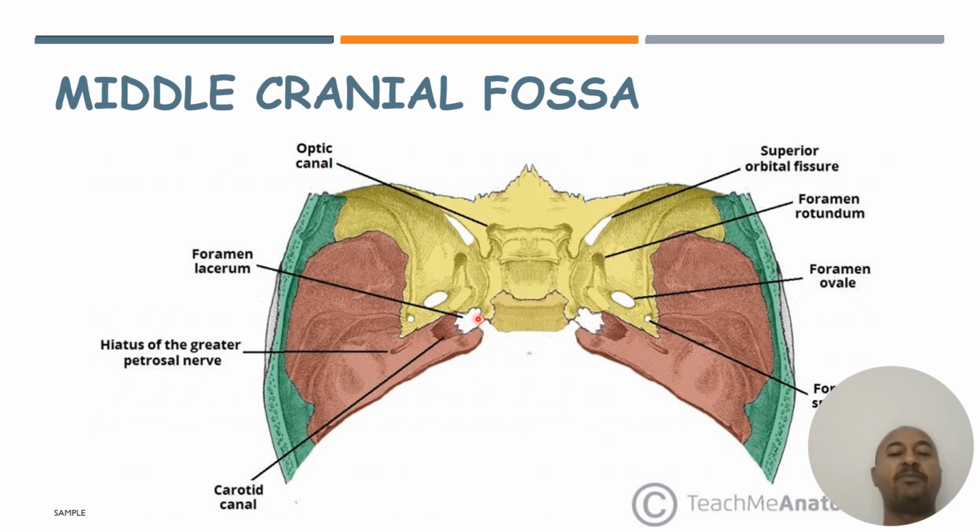It's not open, but the carotid artery, coming from the neck through the carotid canal, will lie on the foramen lacerum after it is closed. So it will pass and come here and then ascend upward. It has a different pathway that we will see later on when we talk about the blood supply of the brain.